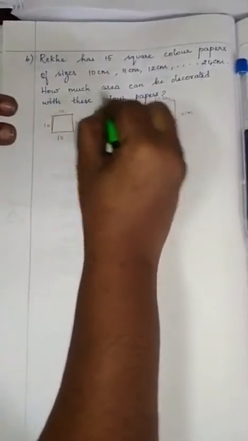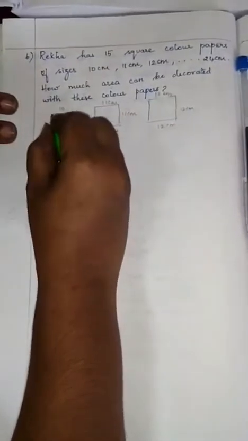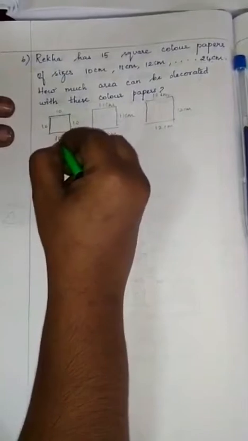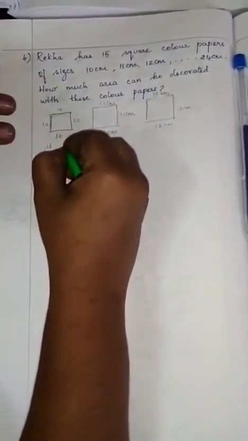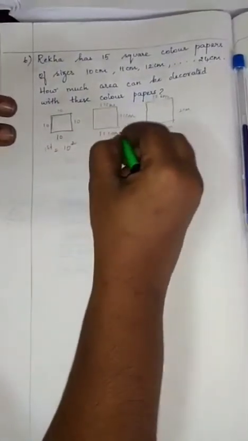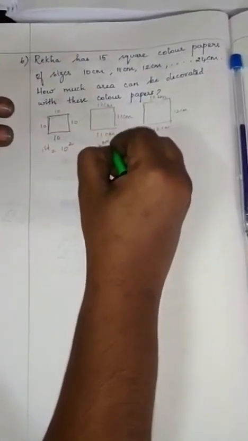What they have asked us is, find out how much area can be decorated. So what will be the area of the first square paper? What is the area of the square formula? Side into side, right? So the area of the first square paper is 10 into 10, that is 10 square. The second square paper is 11 into 11, that is 11 square.